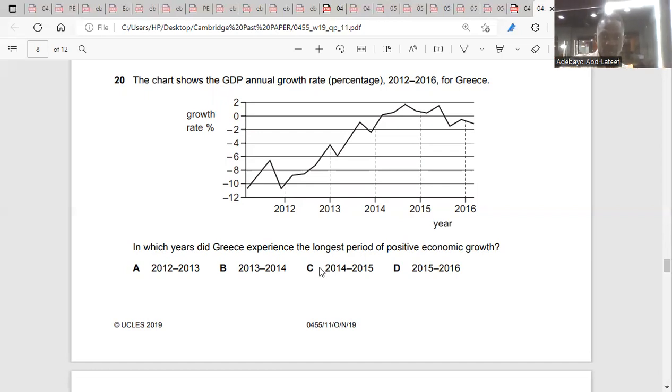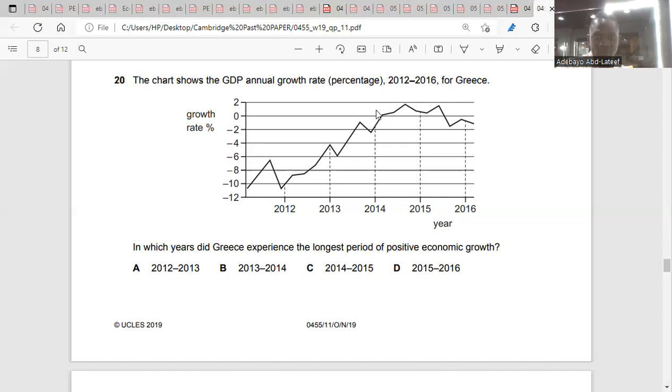2014. Yes, 2014 to 2015. Can you see it there? A positive economic growth rate starts at 2014.